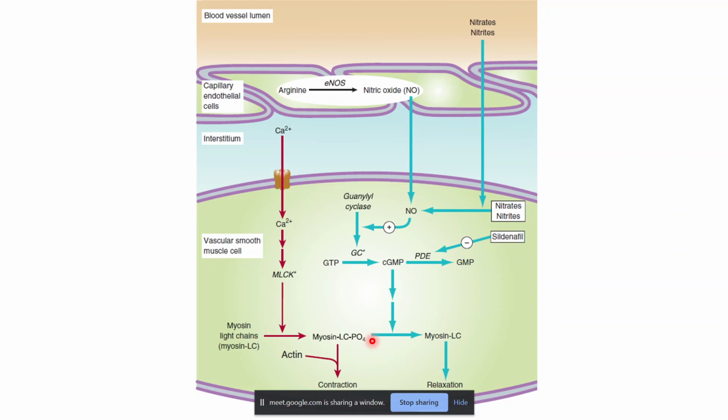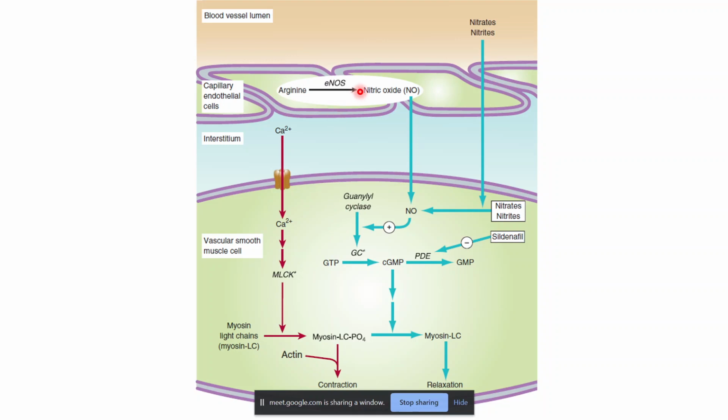After that, the nitrite ion is released, which is converted to nitric oxide, and nitric oxide combines with the heme group of the soluble guanylyl cyclase.